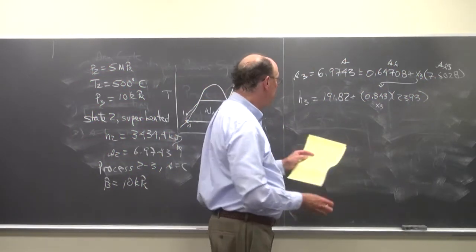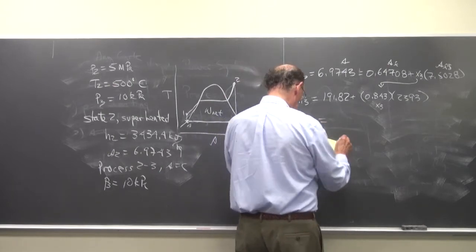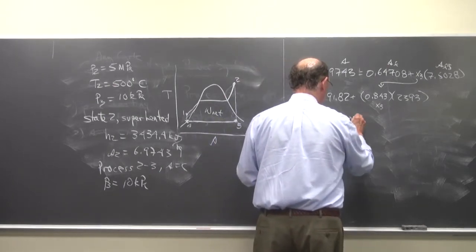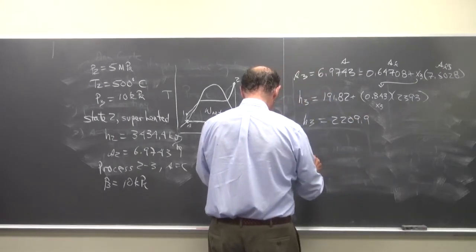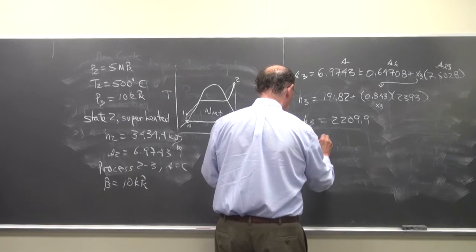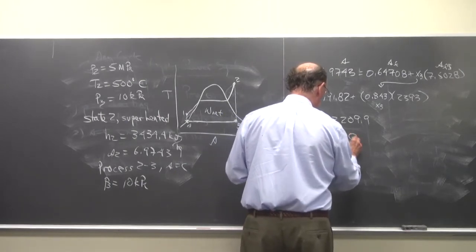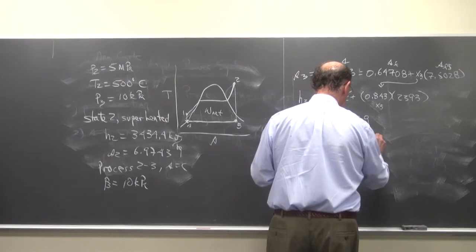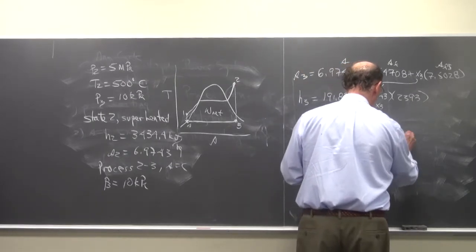And so now, if we solve for H3, H3 is equal to 2209.9. H4 is equal to H sub F at P4, so this is equal to 191.82.